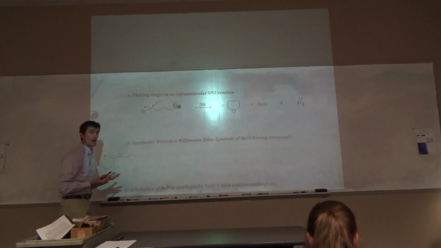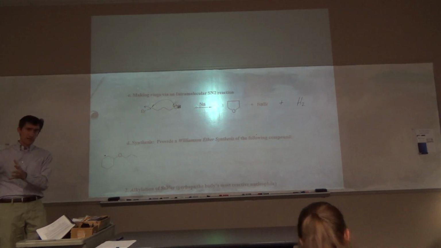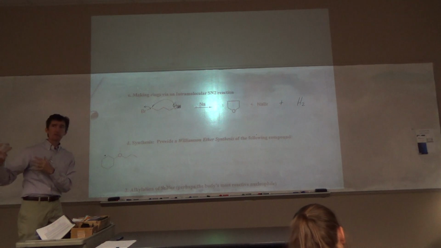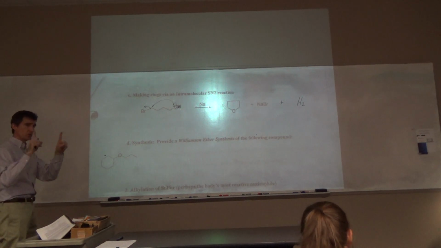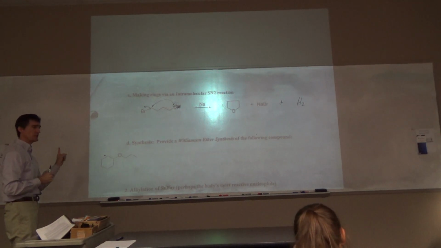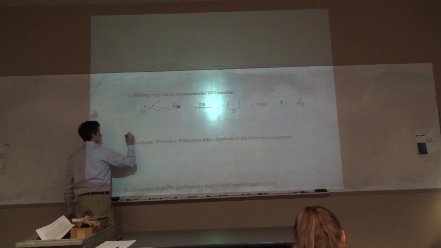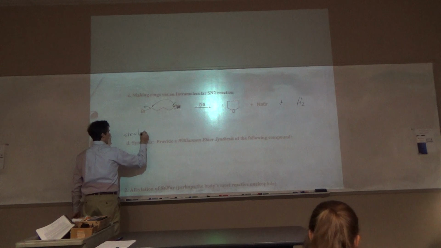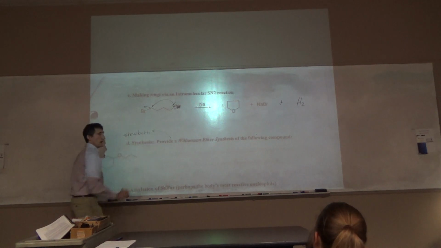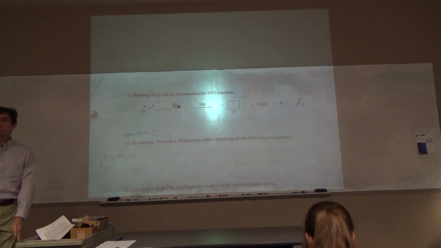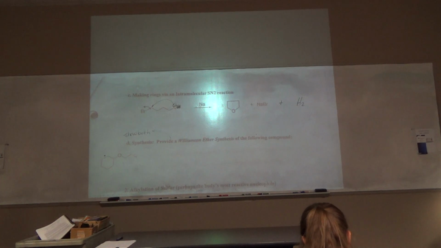But which alcohol? And then what is going to be the alkyl fragment that you bring in with the leaving group? There are actually two different Williamson ether syntheses you can show. Show them both. And then we need to decide which one's going to be best. Which one would be the best reaction?